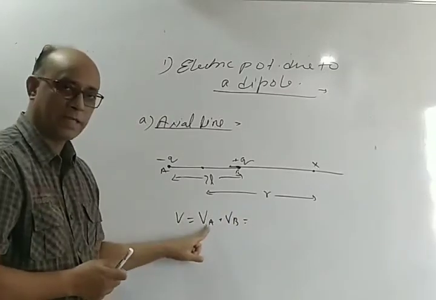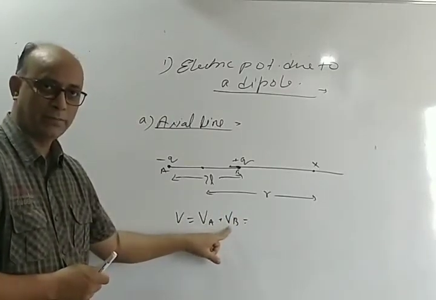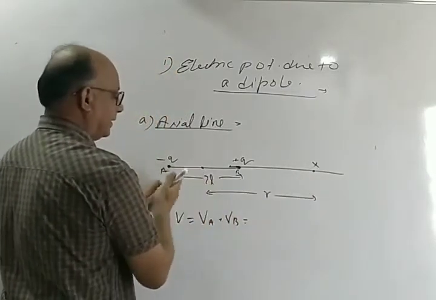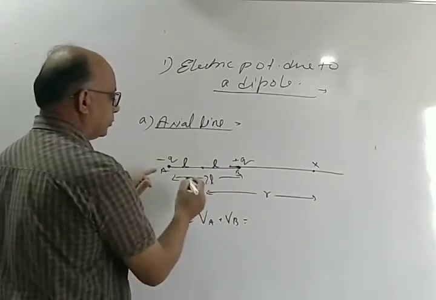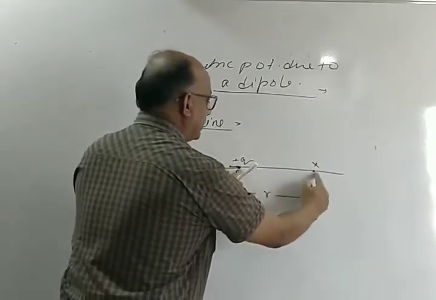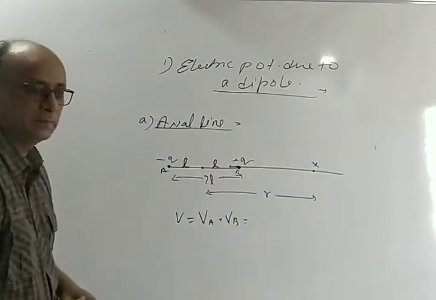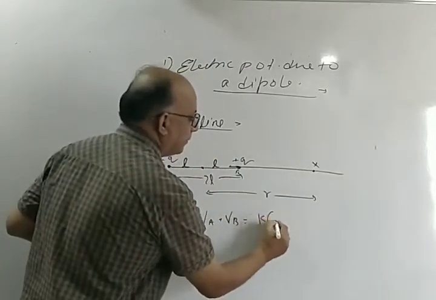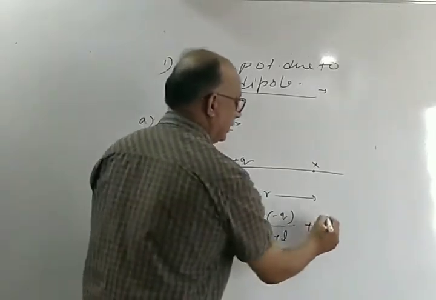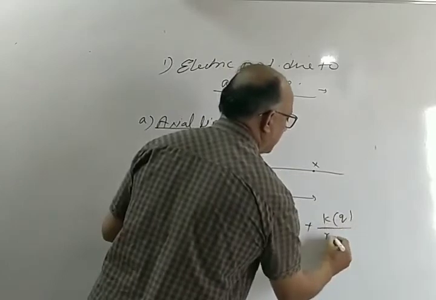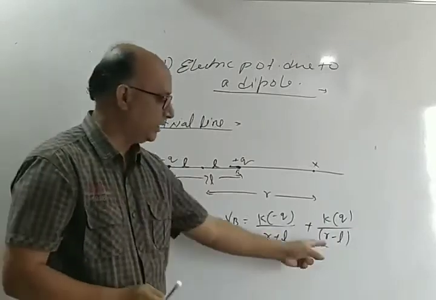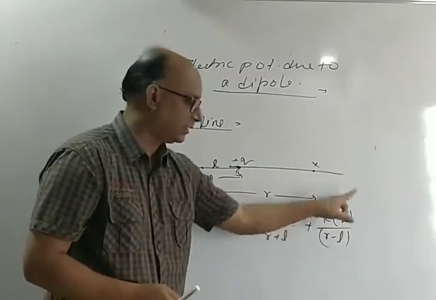Electric potential due to the charge at A, electric potential due to the charge at B. The charge at A is at a distance R plus L. This distance is L. This is also L. So R plus L is the total distance, and similarly for this plus q charge, the distance is R minus L. So basically this is k times minus q by R plus L plus k times plus q by R minus L. You see, out of these two, which is a bigger quantity? The denominator here is a smaller quantity, so this fraction is going to be bigger.